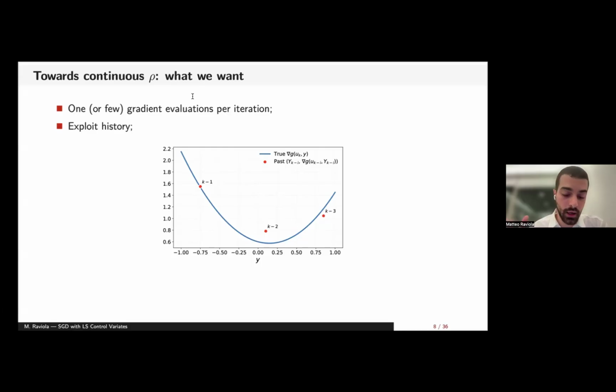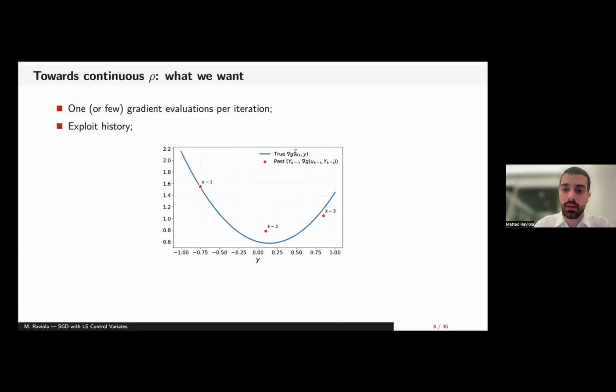And the key observation is the following. In problems that we care about, the picture looks like this. Here I'm plotting, with the parameter y on the x-axis, in blue the true gradient of g at our current design as a function of the parameter. And in red, I have some past evaluations of the gradient at some past designs.